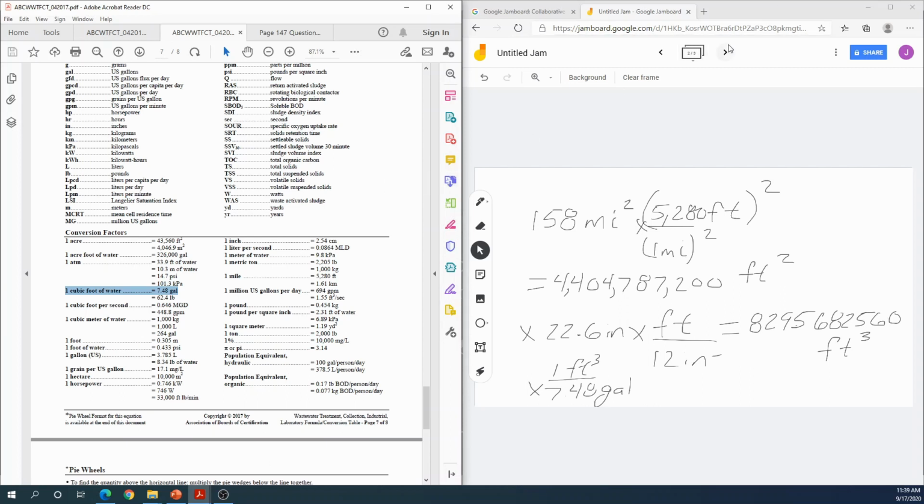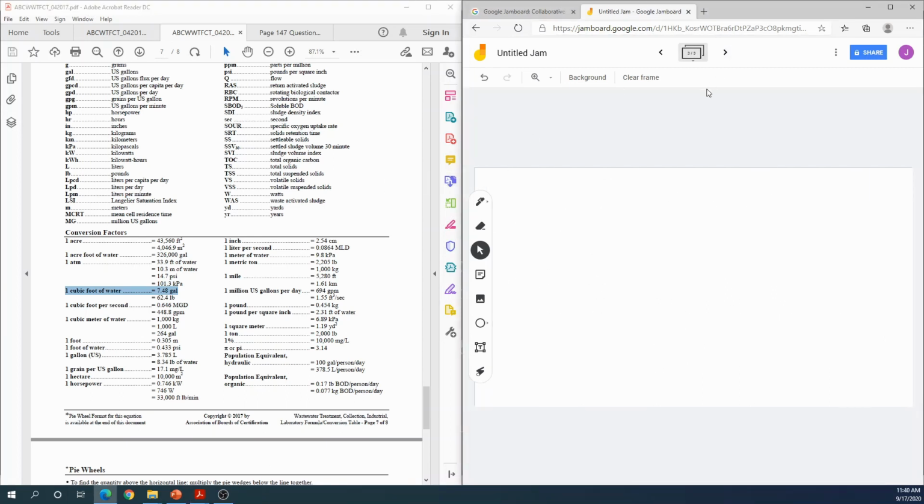So we know we have 8295682560 feet cubed. Now we know that in 1 cubic foot, we actually have 7.48 gallons. Now when we do the math, feet cubed are going to cancel feet cubed.